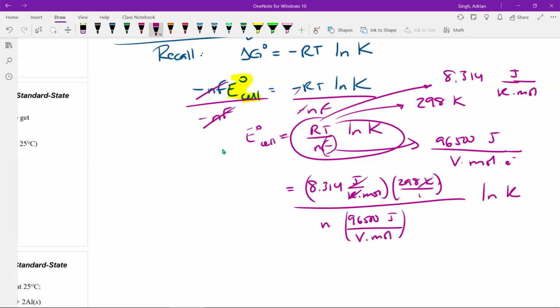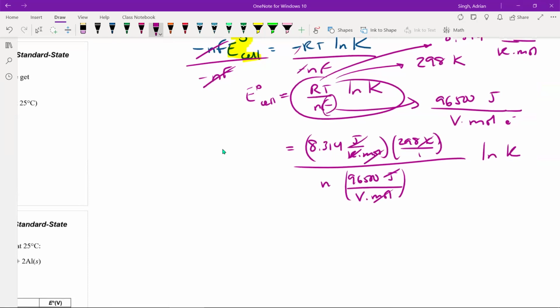So the joules go away, moles go away, and we end up with the unit of 1 over volt, which is the same as volts as the unit. And then we evaluate all of this. We end up with 0.0257 volts. And then we have our N, number of moles of electrons, underneath, times the natural log of K. And that's E standard of the cell.